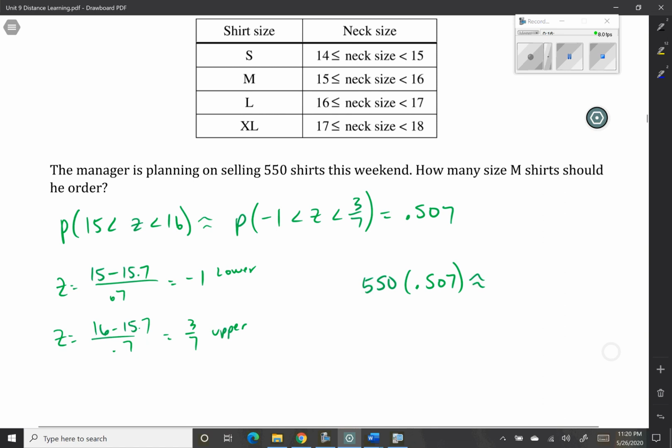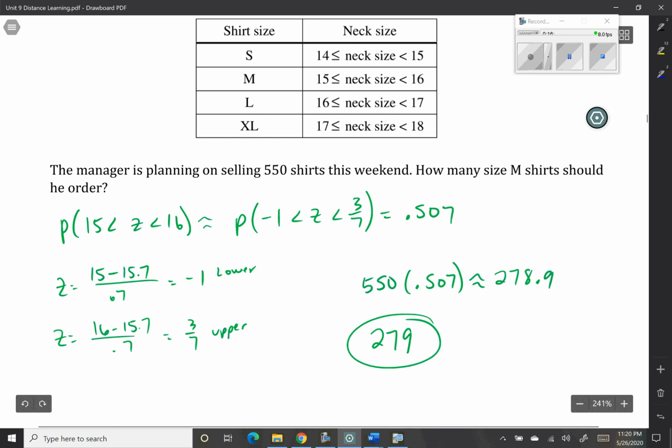So we have 278.9 shirts. So he should probably get 279 shirts that are in the size of medium, because that's what the data is telling him to order. About 50% of the shirts he's going to sell are going to be mediums.